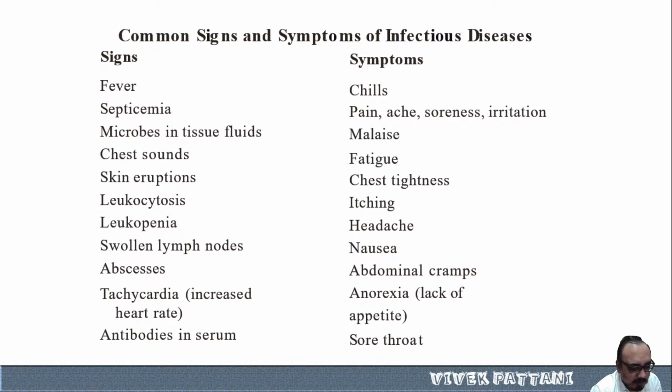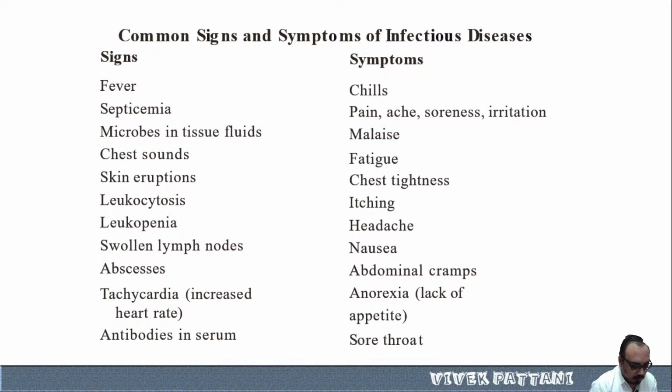You may sometimes have pain, malaise, soreness, irritation, fatigue, chest tightness, itching, headache, nausea, abdominal cramps, anorexia, like a lack of appetite, and a sore throat. These are basically the symptoms.